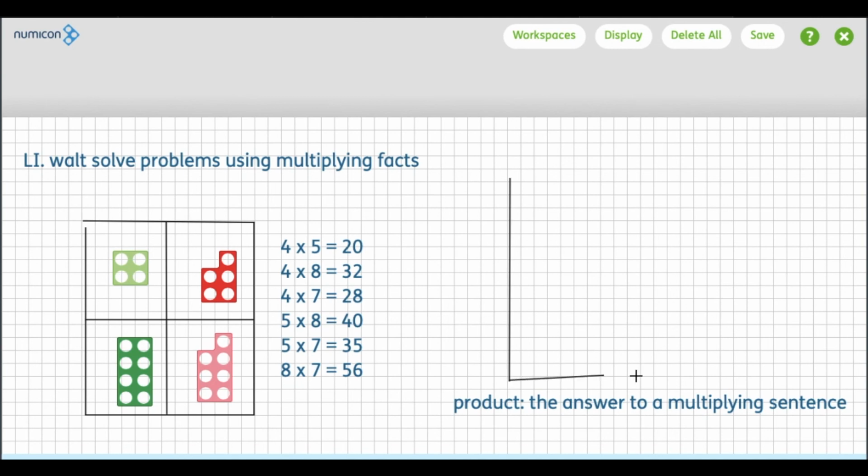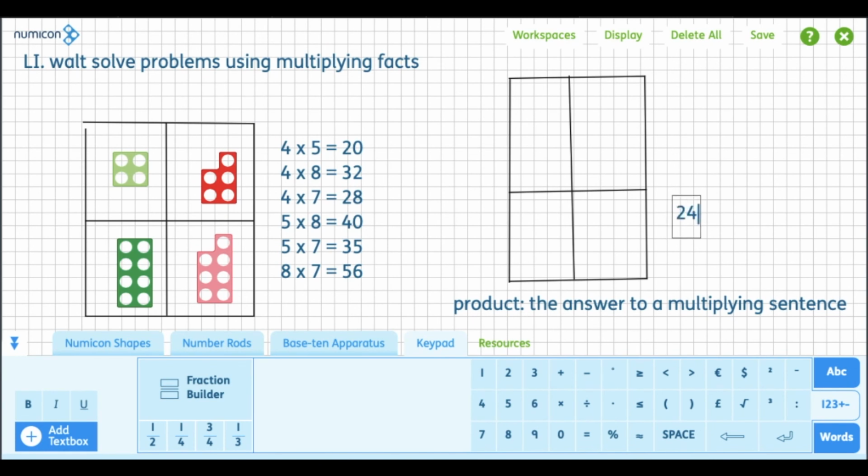All right, now what I'm going to do this time is I'm going to give you the products and ask you to figure out which numbers would go in the puzzle. Okay, so if the products were, for example, 24, 35, 30, 28, 42, and 20.